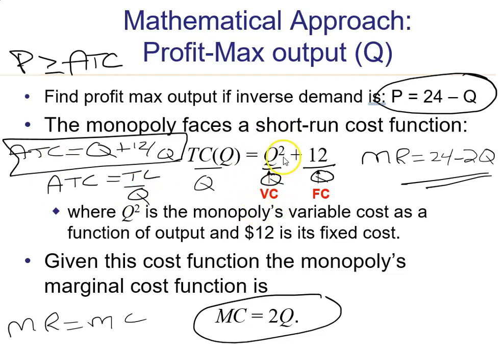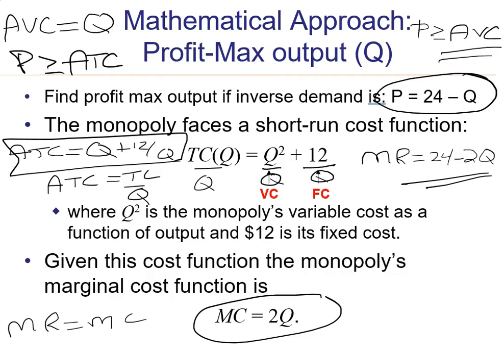Q squared over Q would get you AVC. So AVC is simply equal to Q. In the short run, the monopolist has the same shutdown rule: price has to be bigger than or equal to AVC for this firm to be open in the short run. So we're going to check this as well once we pick our Q.